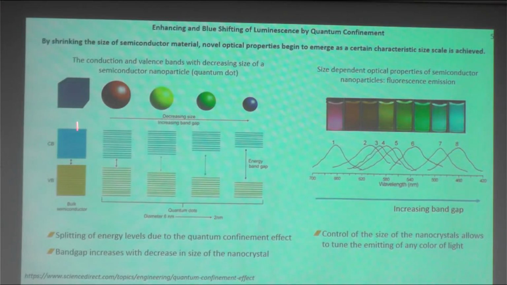So for bulk materials, we have a low band gap, and if we decrease the size of the semiconductor nanoparticle, we can see the increase in the energy band gap, and also we can see the splitting of energy levels, and this all happens due to the quantum confinement effect.